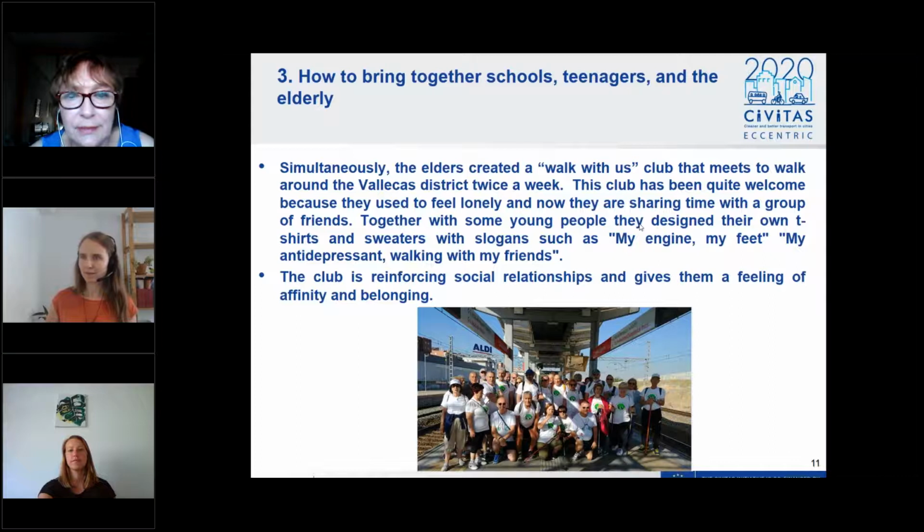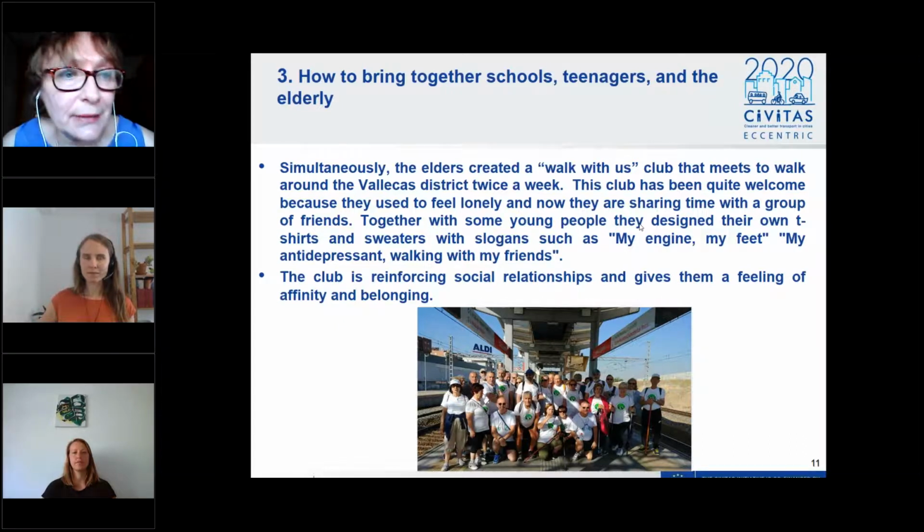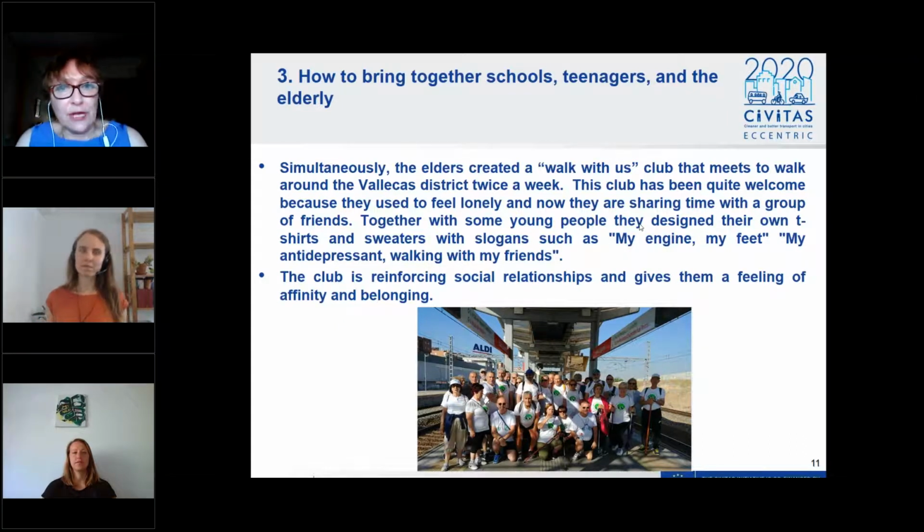Okay, you can pass the slides. How to bring together schools, teenagers, and the elderly. Simultaneously, the elders created a Walk with Us club that meets to walk around the Vallecas district twice a week. This club has been quite welcome because they used to feel lonely and now they are sharing time with a group of friends.